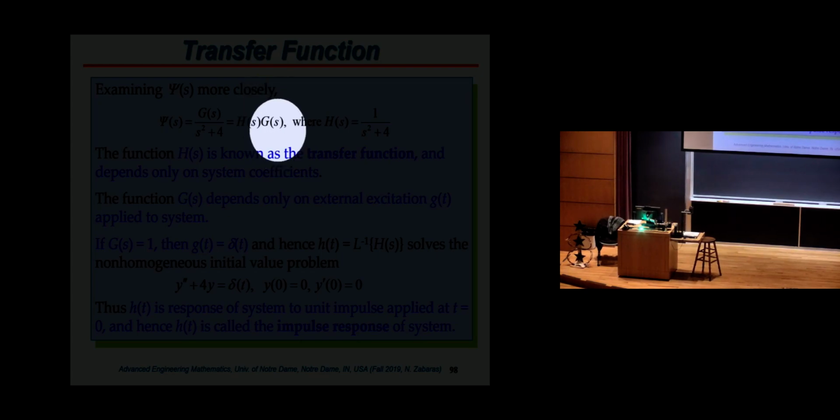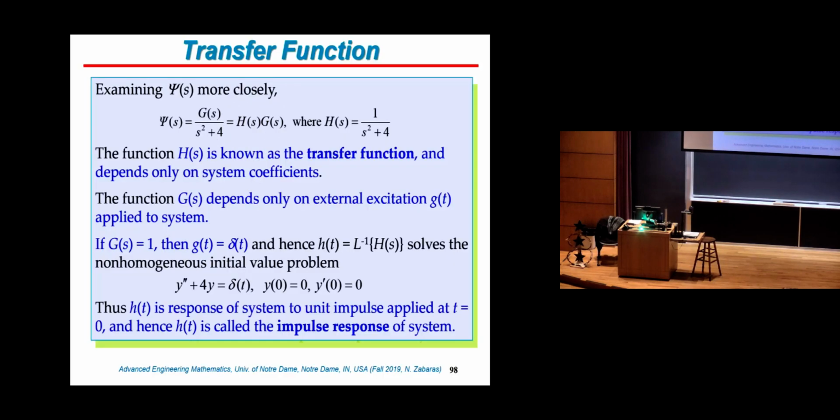You told me that if g is equal to 1, the function corresponding to capital H is the impulse response. So what is the function corresponding to H times g for any g? It is the convolution of g with what?